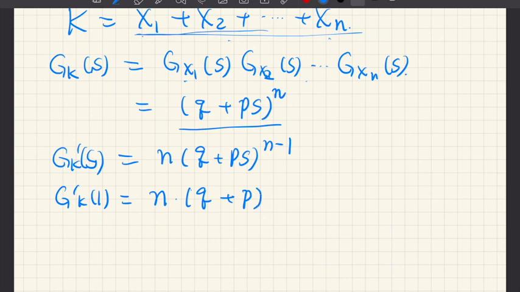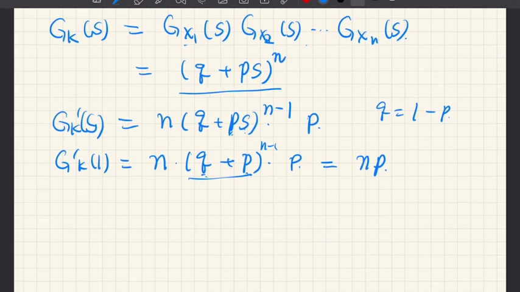Oh, sorry, there should be a p here, because if we apply the chain rule, ps differentiated with respect to s leaves p. But p plus q is 1, because the definition of q was 1 minus p. So this is 1, and the result is np.